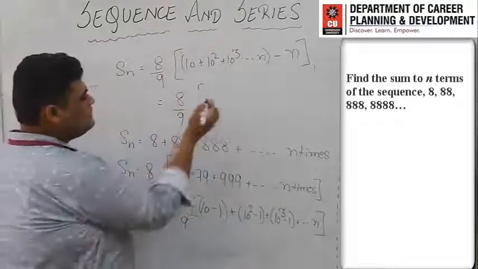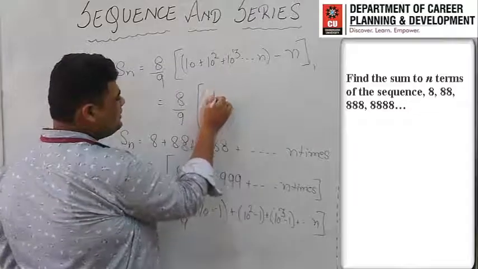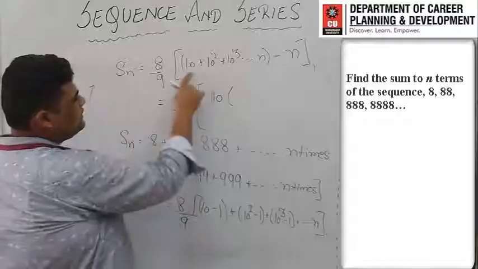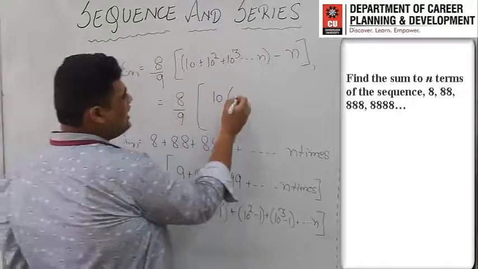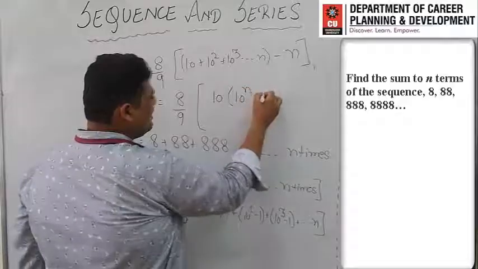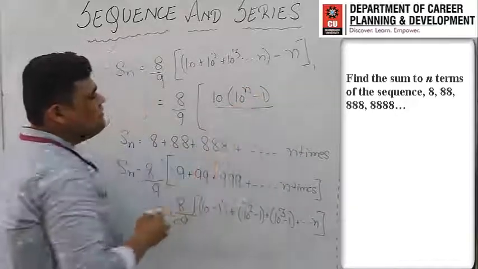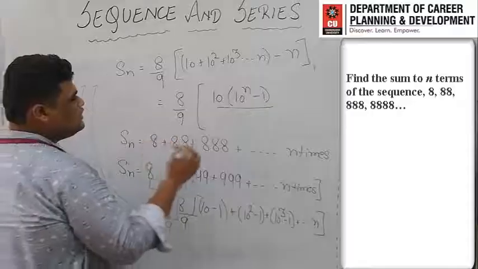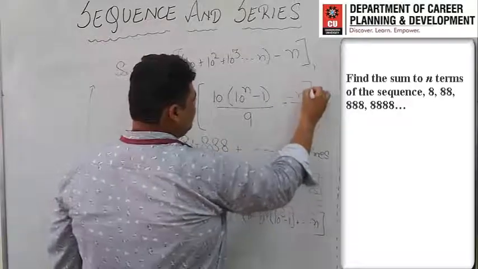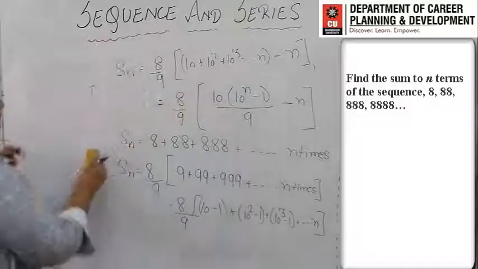Apply the formula of GP, where the first term is 10, then r to the power n. So 10 to the power n minus 1 divided by r minus 1. So 10 minus 1, which is 9, minus n. We can subtract the value of n.